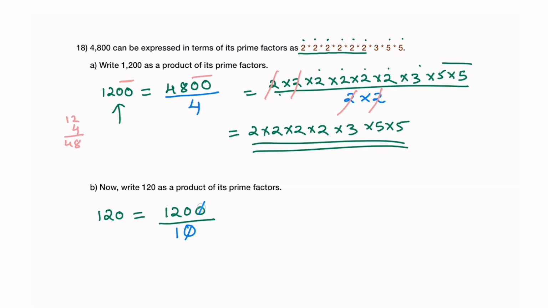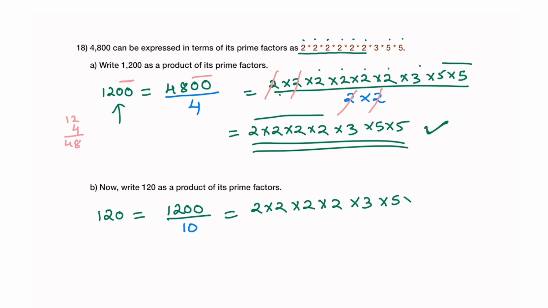So let me just rewrite this again here so that you're not confused. So it's 1200 divided by 10. And do we know the factors for 1200? Yes, it's here. So let's write it. That's 4 twos, right? 1, 2, 3, 4. That's 3.